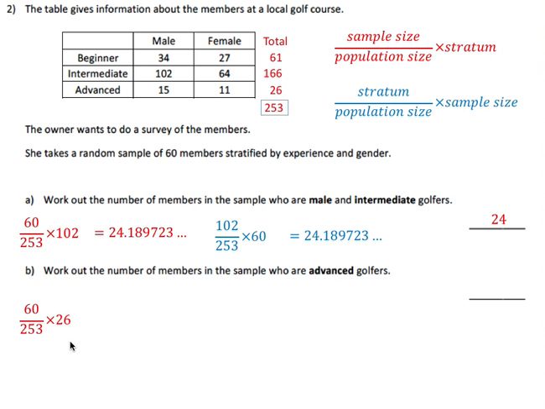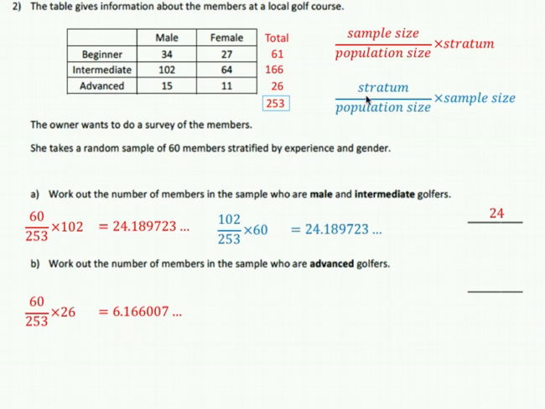Okay, and if we do that multiplication, we get 6.166007, etc. If we use the other formula, if we do stratum divided by the population size, so 26 advanced golfers out of a full 253, times by the sample size, so times by 60, then we also get 6.166007, etc. And obviously we can't choose that many members, but we can choose 6 members, so that's our answer.